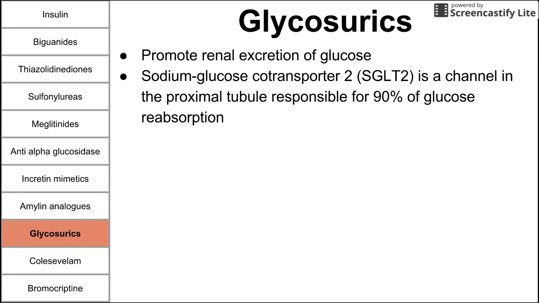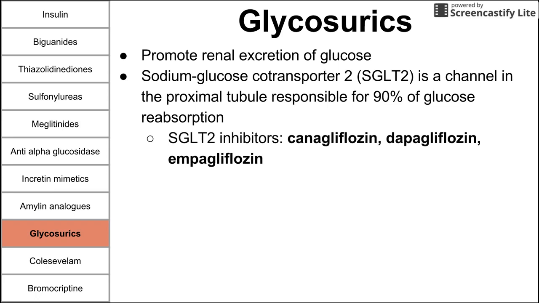You're going to be wasting glucose, and that's one method of lowering your blood glucose level. So if you inhibit the SGLT2 cotransporter, you're going to decrease blood glucose, and that's what these drugs do. So we have canagliflozin, dapagliflozin, and empagliflozin. Now, I remember these in that they all end in flozin, and that's because they allow for the free flow of glucose through the renal tubules and out in the urine.